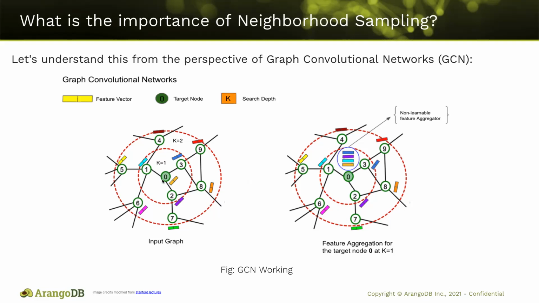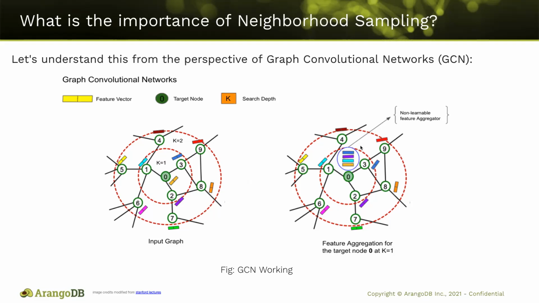In these next three or four slides, while I'm explaining neighborhood sampling and the GraphSAGE algorithm, I will consider the target node as the 0th node. Here K is a hyperparameter, and it also depicts the number of layers used in the graph convolutional networks, or GCNs, to say it in short form.